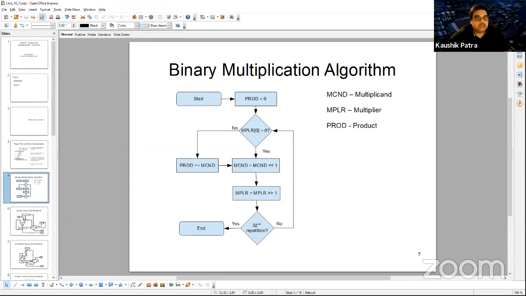Multiplication is basically nothing but addition in a for loop, right?